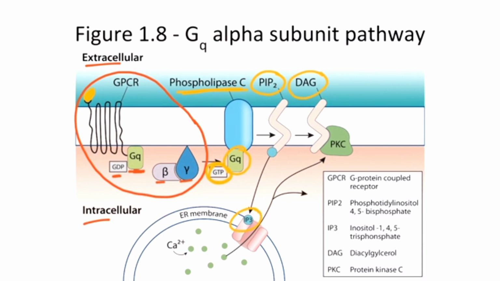We can see from the image that IP3 binds to the endoplasmic reticulum, causing it to release calcium. Calcium and DAG then cause activation of protein kinase C, which is ultimately responsible for the cellular response.